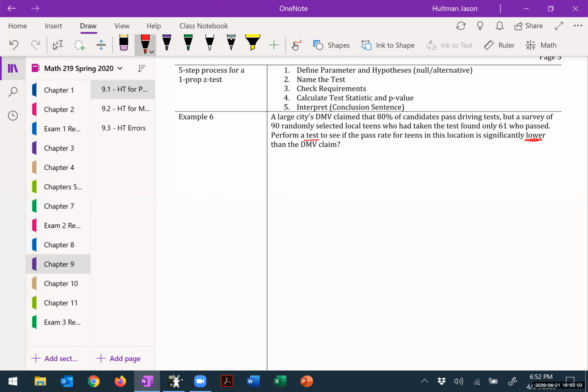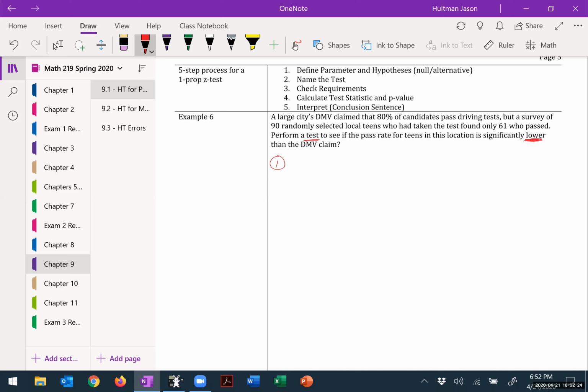Okay, so what do we want to do first? What's our first step here? Our first step is to define the parameter, the null and the alternative hypotheses. So what's the parameter? What's the population value?